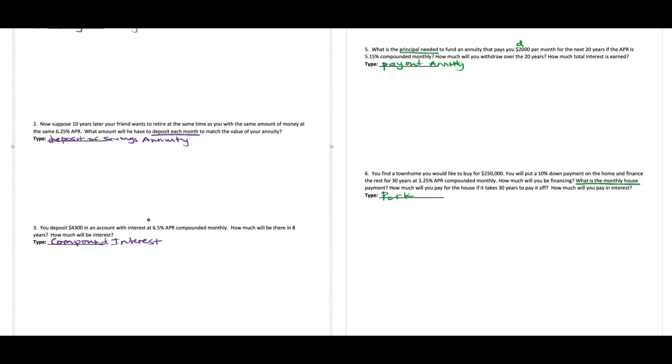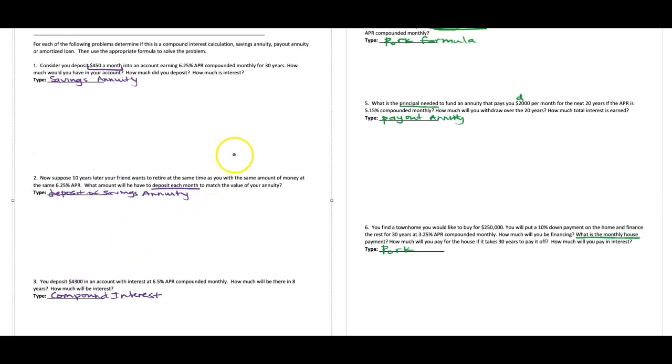Hold on just one second. Actually, let's do number 1, and then I want to do some of those ones with the PORC formulas. So let's do this first one.